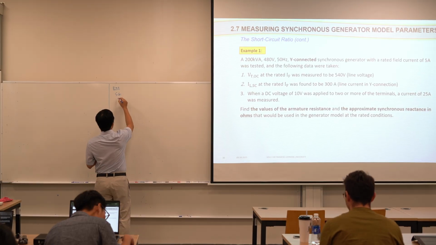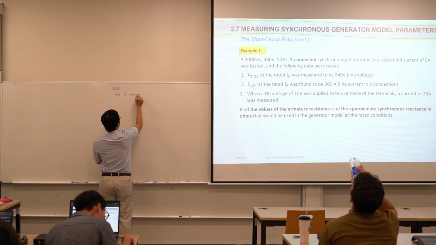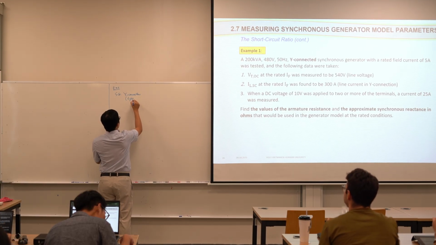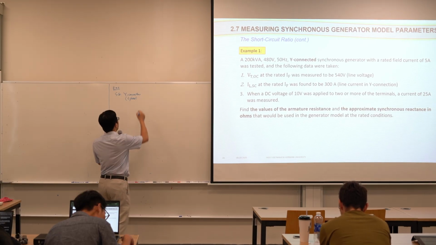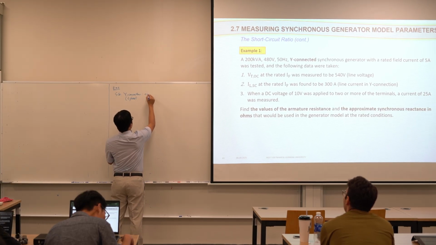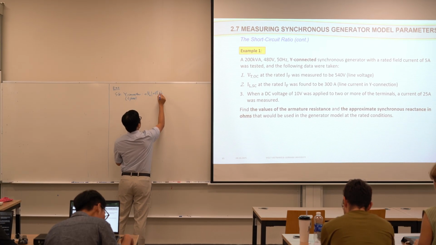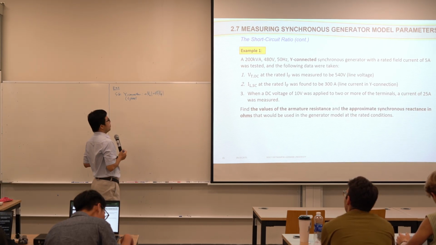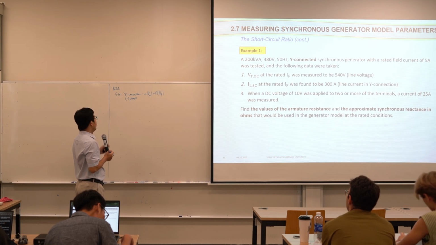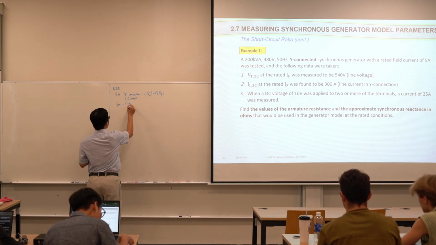Why do we say 3 phase? Because of the Y connection. Y connection means 3 phase. So if we have a Y connection, we conclude directly that VL is square root of 3 times V phase. We have the frequency FSH is 50 Hz.